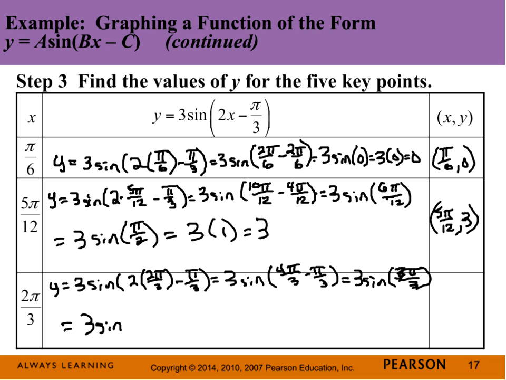So that's just 3 times the sine of pi. The sine of pi is, oh my goodness, my eyes just went way to the wrong line there. The sine of pi is 0. So that just gives me 0. And I have the point 2 pi over 3, 0. Continuing the chart.